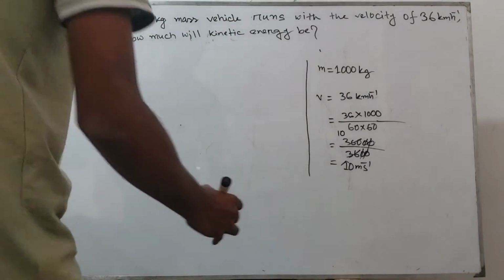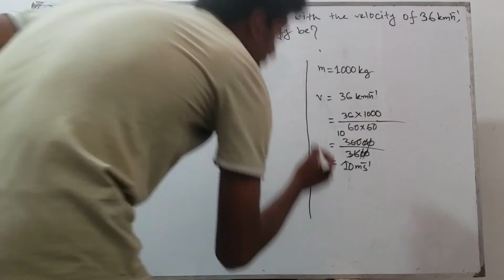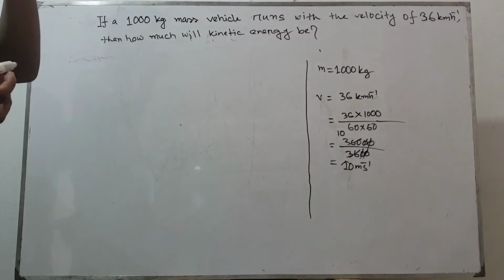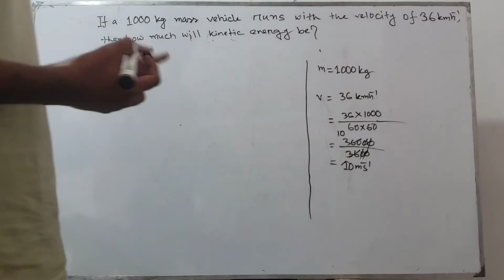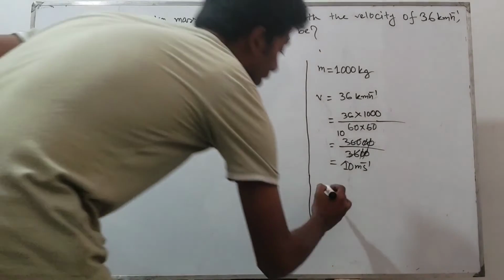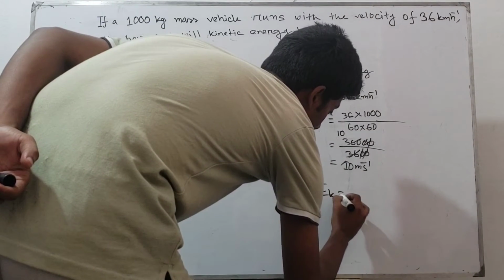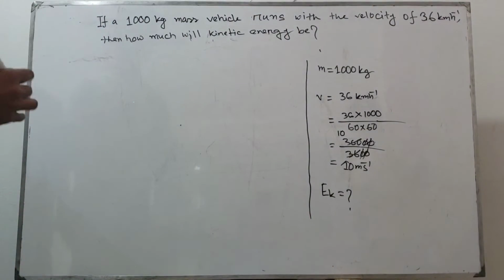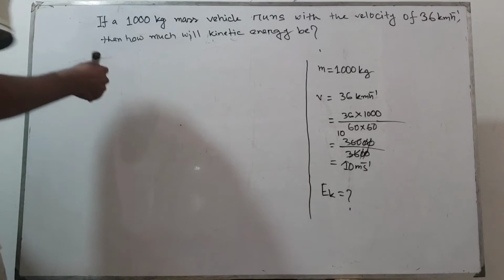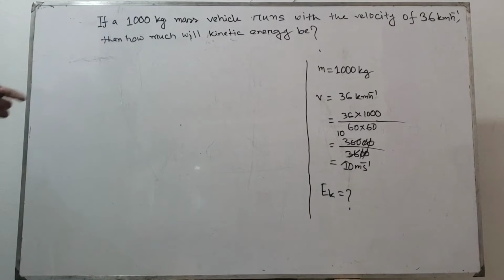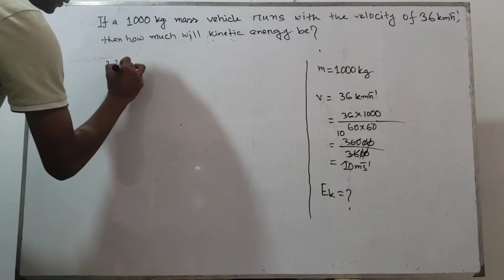And now we are requiring kinetic energy. I mean, this question is requiring kinetic energy from us. Ek equal to what? We will write the formula first, that we know.